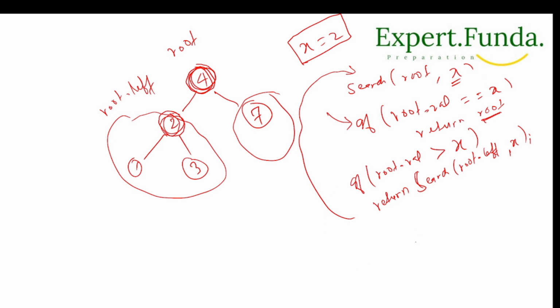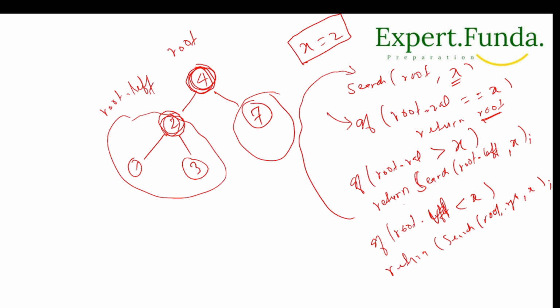Similarly, if root dot val is less than x, then we make the recursive call search root dot right and then x.